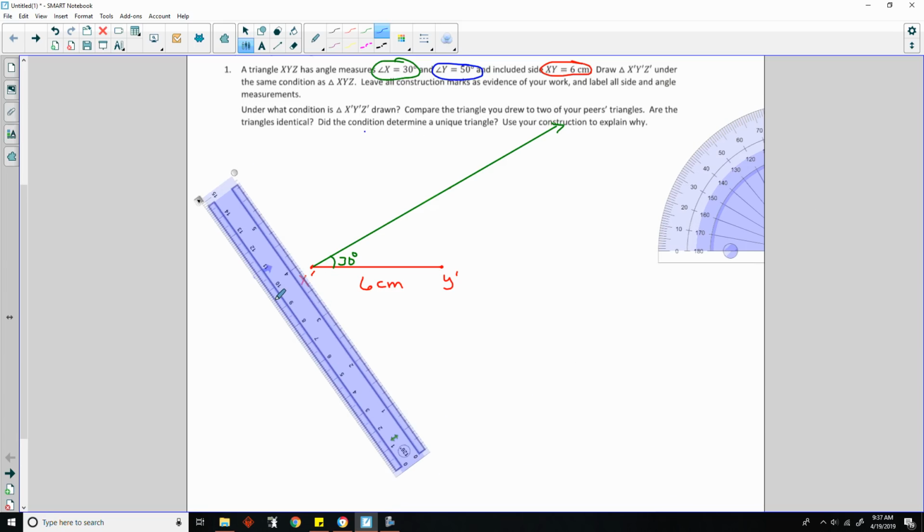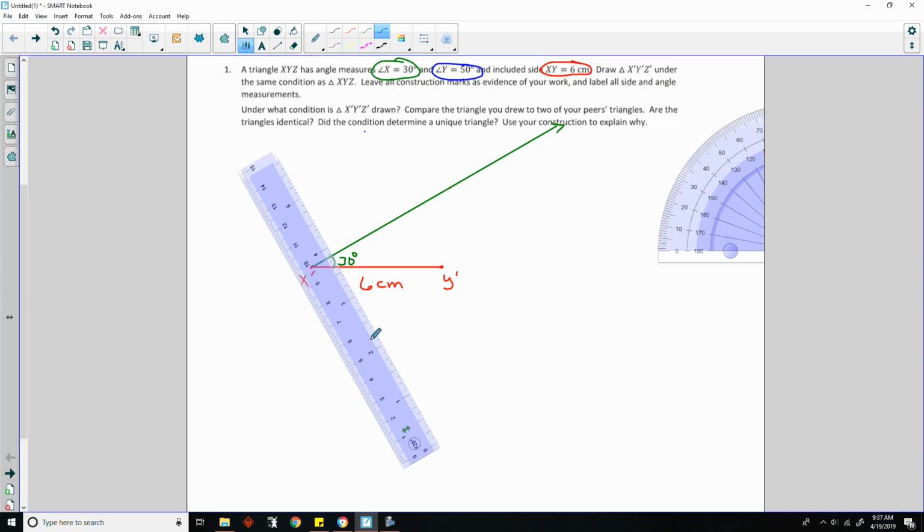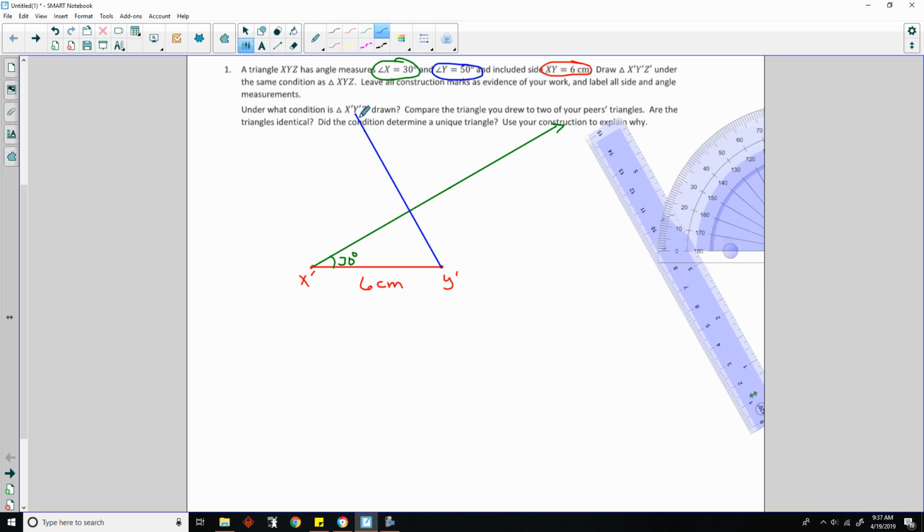Bring my ruler around, and place that right on Y prime as accurately as possible and draw a line segment through that point. So there is my other ray, and that created a point of intersection, and that is Z prime. Okay, so my triangle's created.